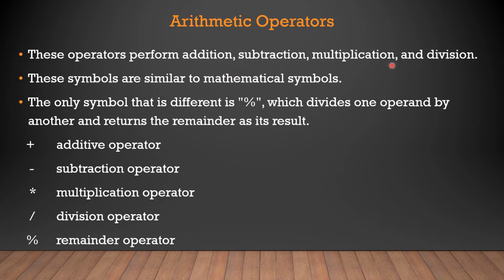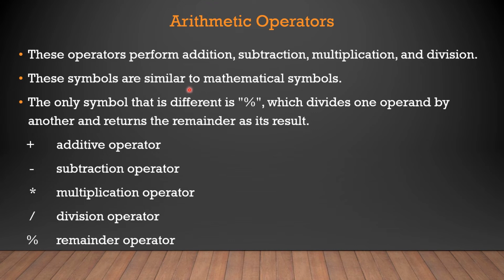All these operations are included in arithmetic operations, and the operators that we use to perform them are called arithmetic operators. These symbols are similar to mathematical symbols, the symbols that we use in mathematics for addition, subtraction, multiplication, and division. The same symbols that we use in mathematics, we use here also.